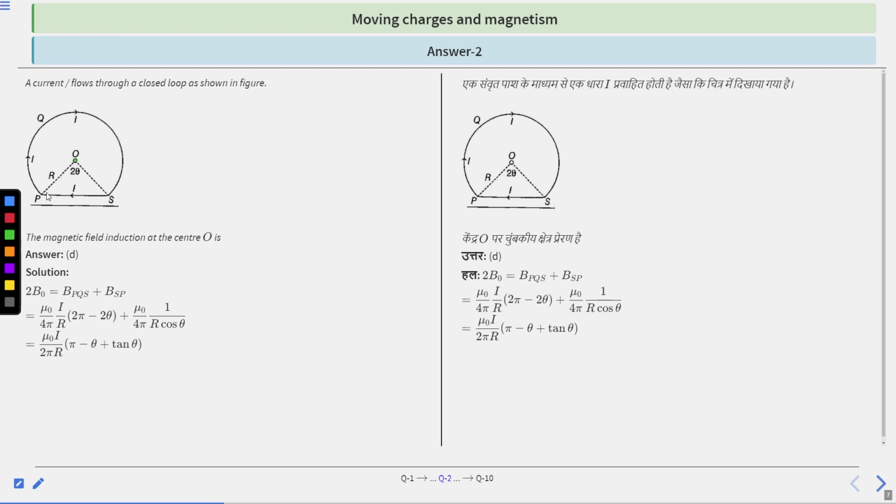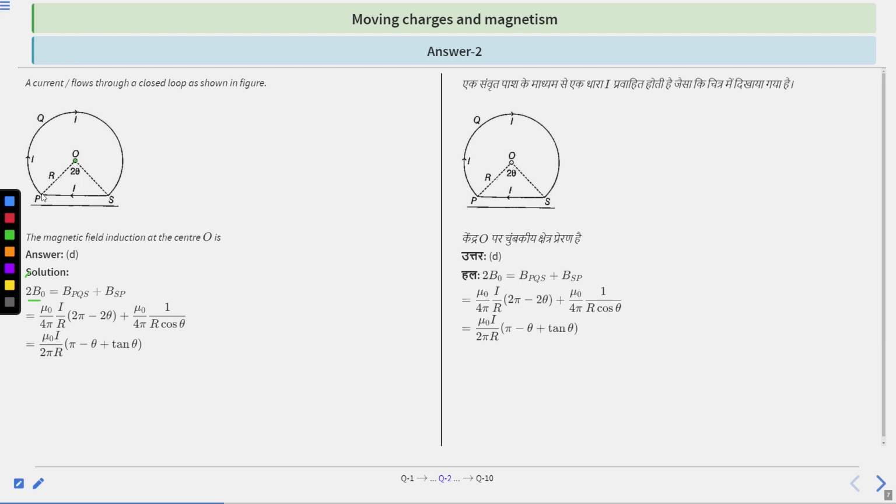So for the remaining part, the magnetic field induction due to this loop, we can calculate: B at O is equal to B of PQS plus B of SP.